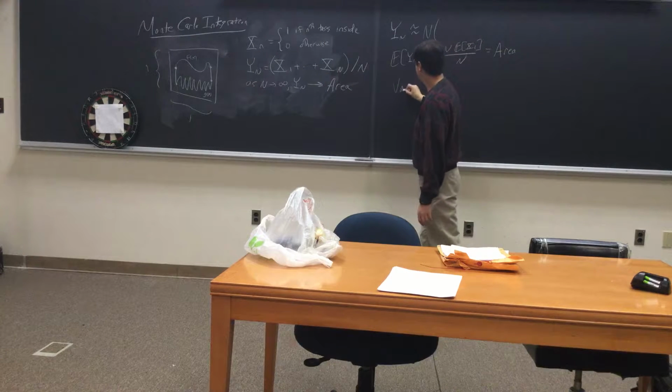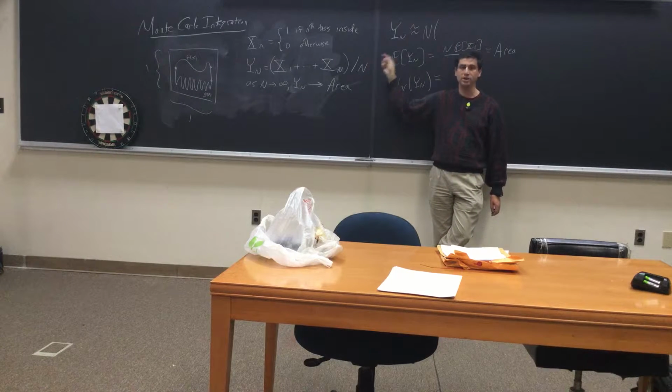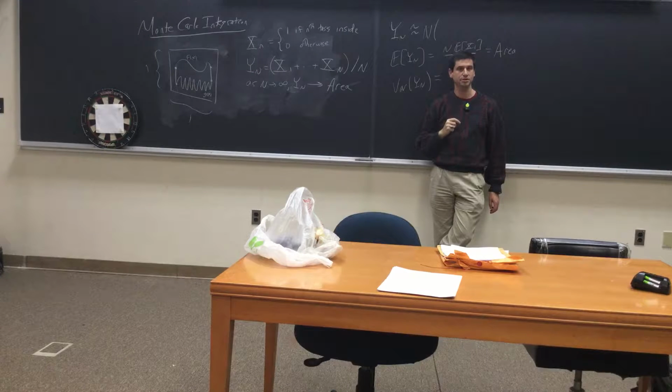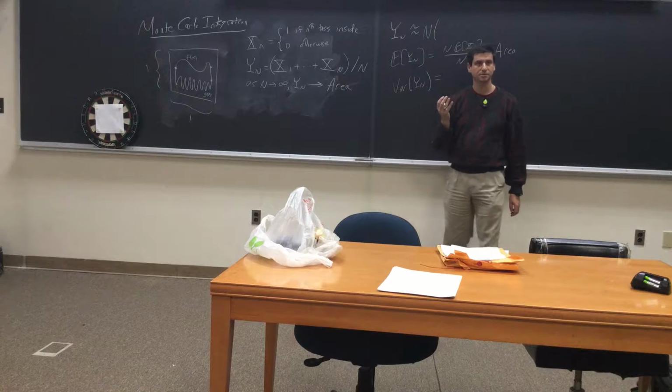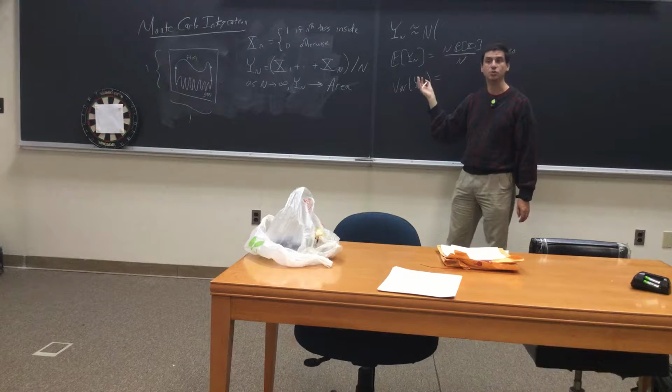The variance of y_n: the variance of a sum is the sum of the variances. We have the 1 over n, so what does the 1 over n become when we do a variance? It becomes 1 over n squared.